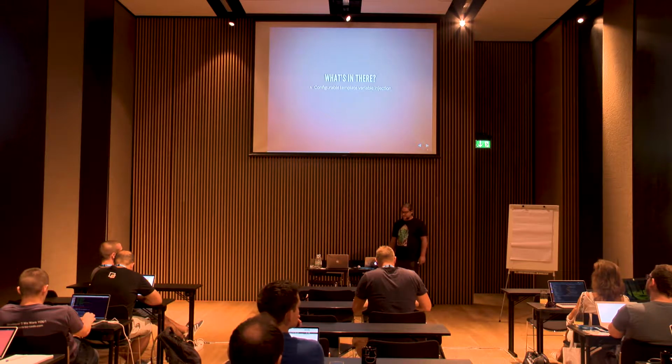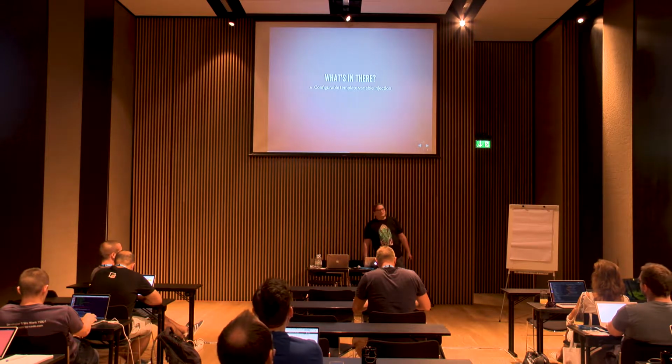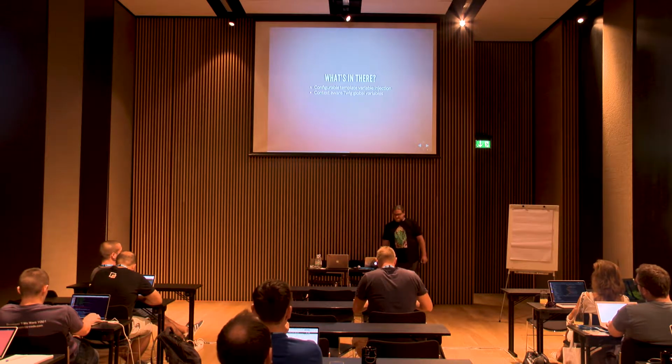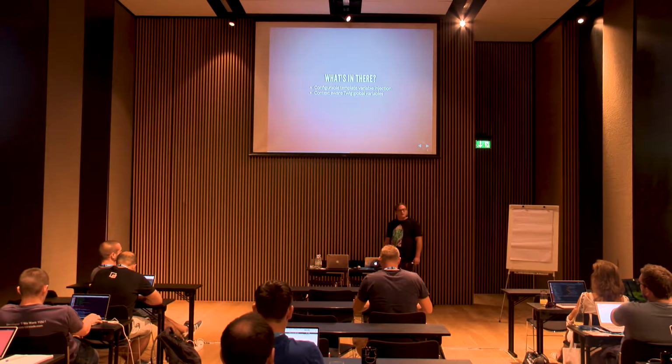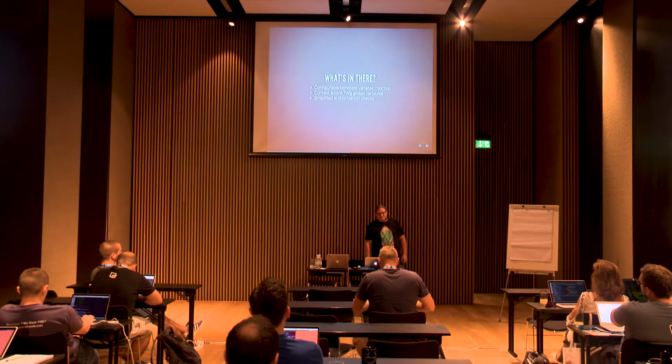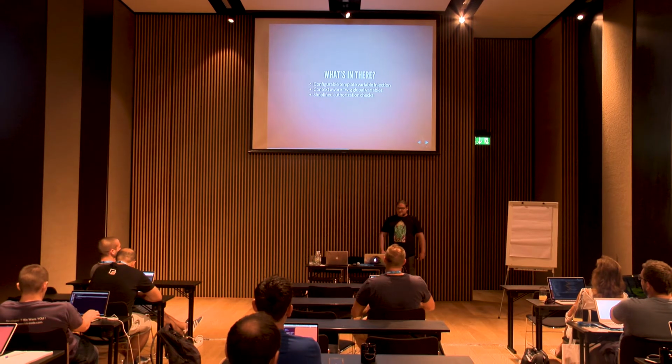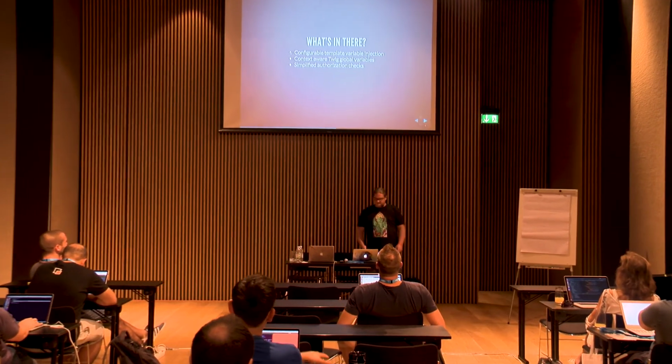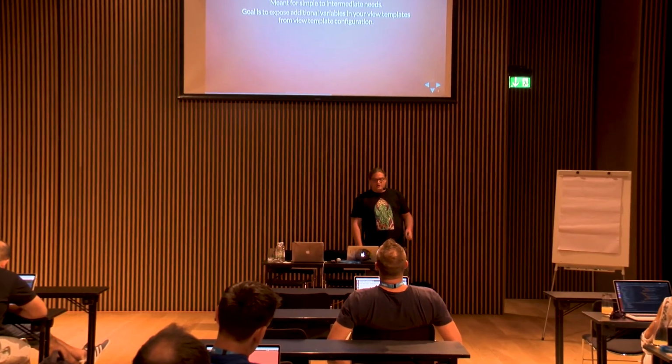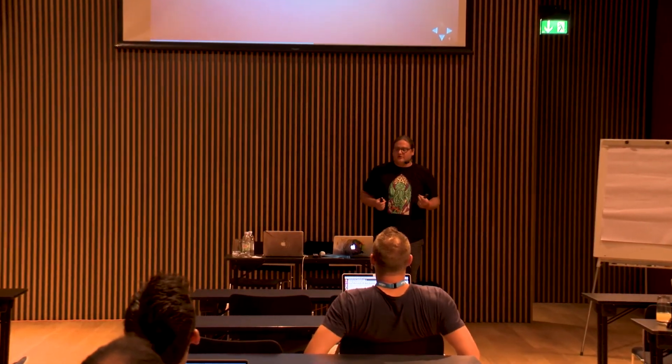So what's in there? Configurable template variable injection, context-aware twig global variables, simplified authorization checks, and we're going to cover that in detail. So first, configurable template variable injection, what this is about.